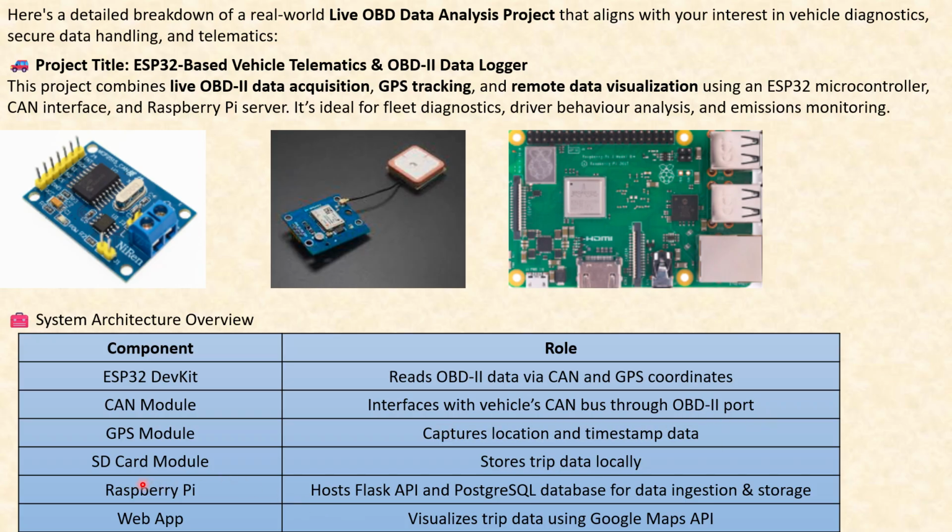The next component is the SD card module, which stores trip data locally. The Raspberry Pi hosts a Flask API and PostgreSQL database for data ingestion and storage. The web app visualizes trip data using the Google Maps API. So these are the various components and their respective roles.